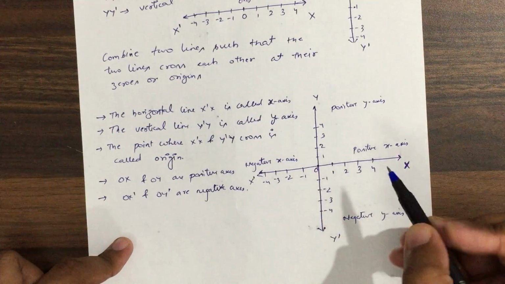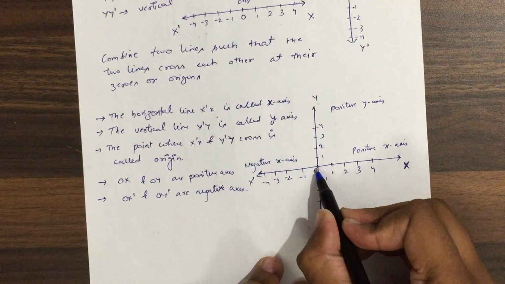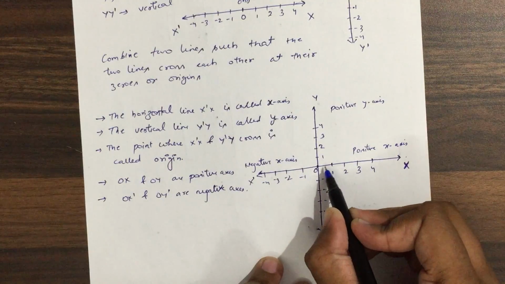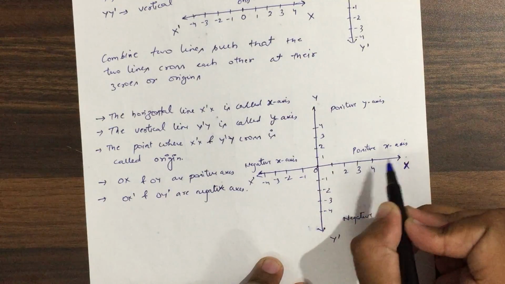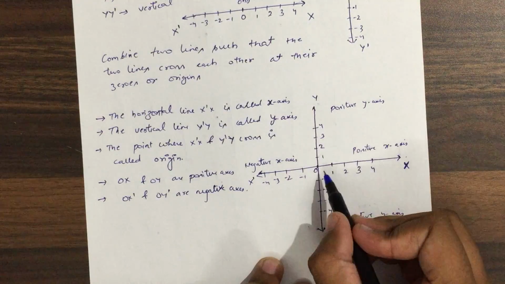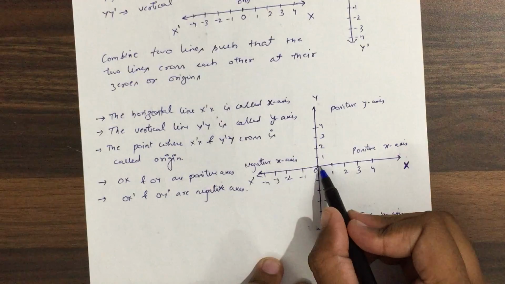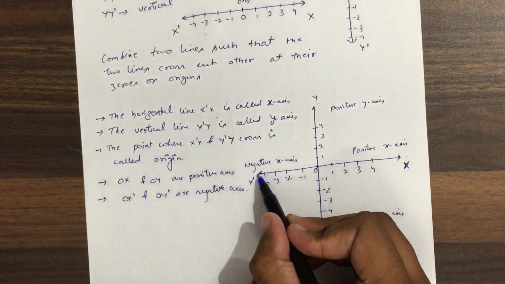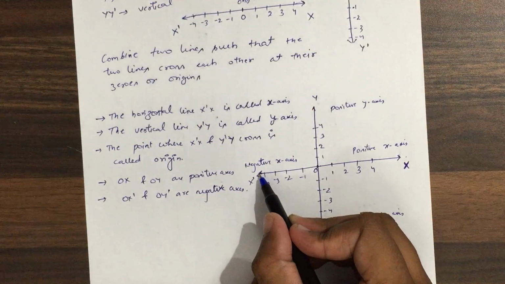Now see, this OX has positive values, 1, 2, 3, 4. So this will be called the positive x-axis. This is the x-axis and this is the y-axis. Here it has positive coordinates, so it is called the positive x-axis. Similarly, it has negative values, so it is the negative x-axis.